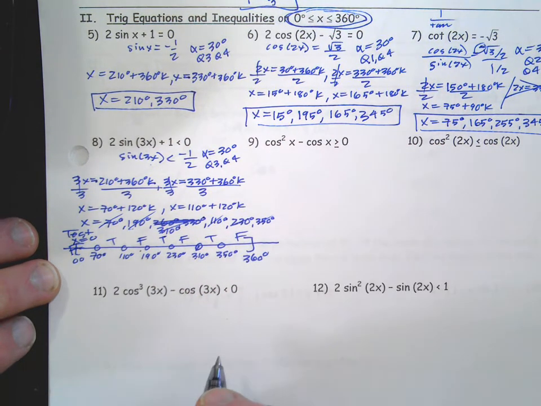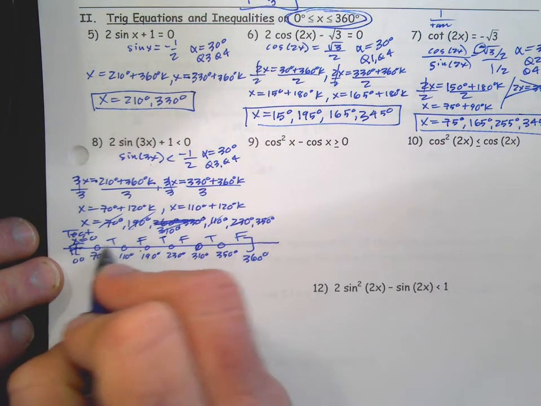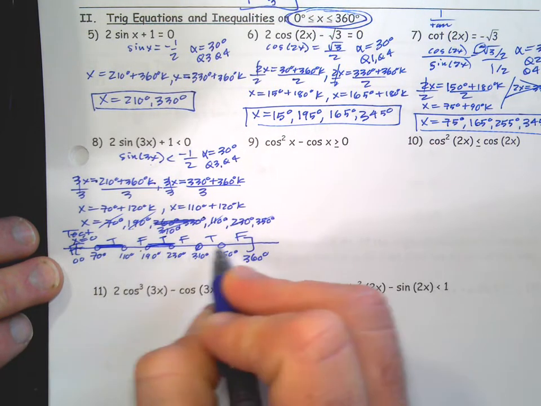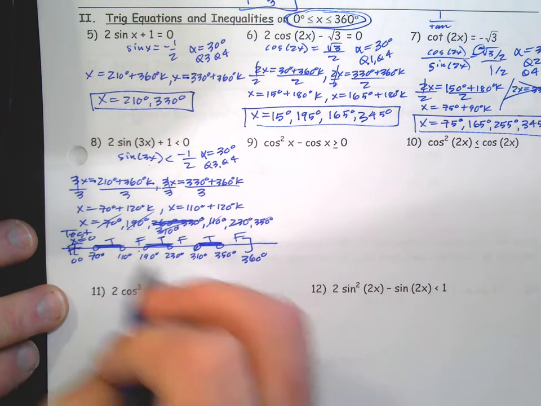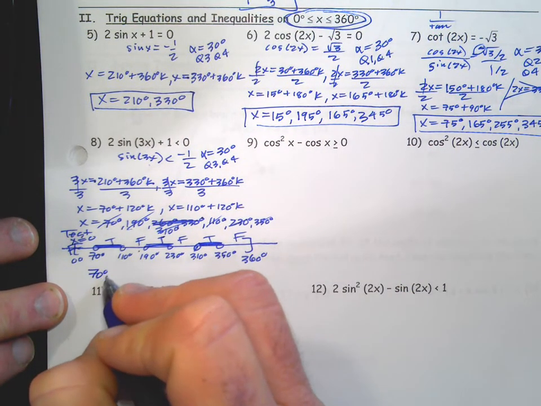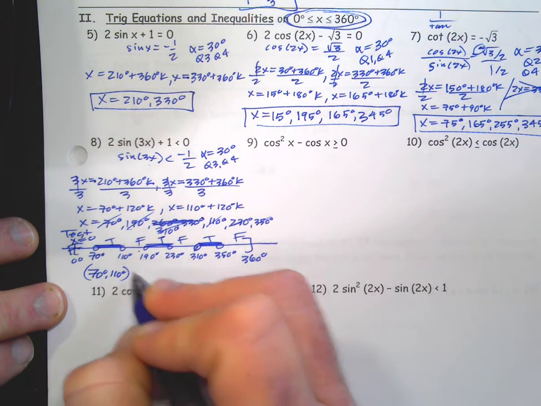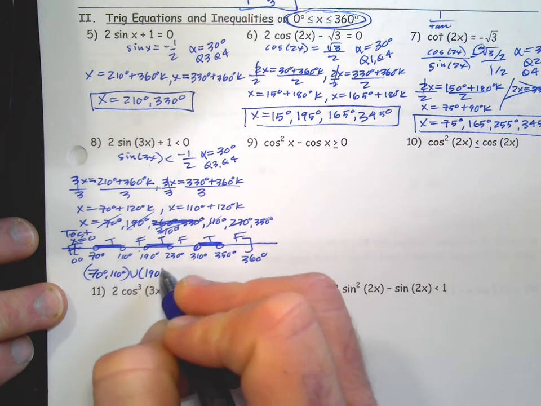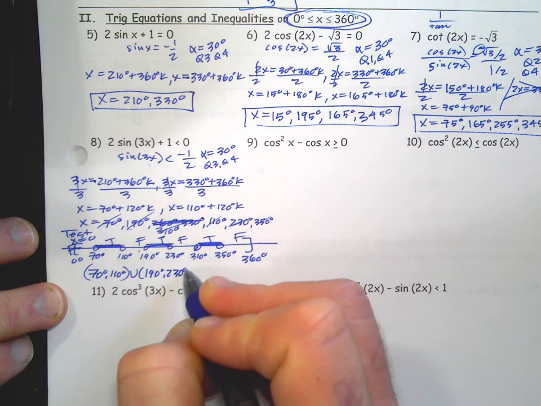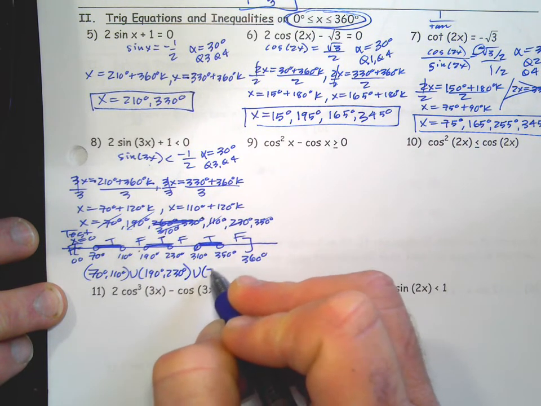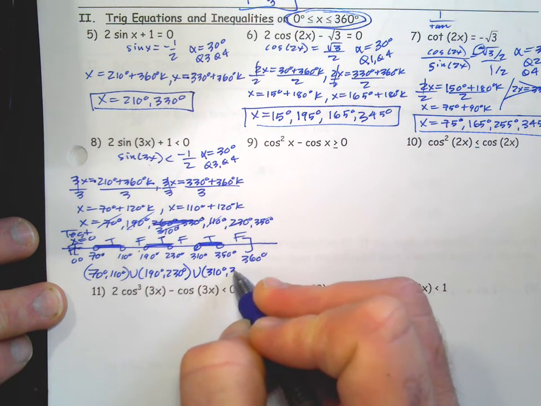Now these last ones actually go through the ends of those boundaries. Okay, so our final answer is going to be 70 to 110 parentheses union 190 to 230 parentheses. You got to put the degree symbol here because otherwise these are going to be interpreted as radians, which they are not.